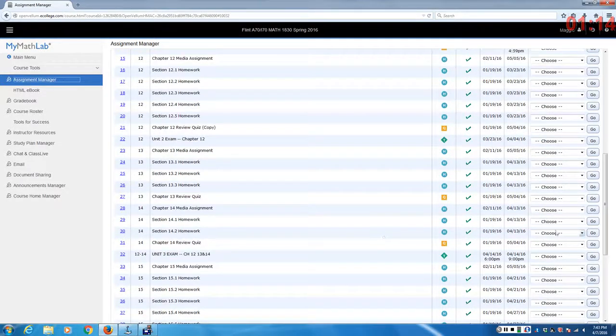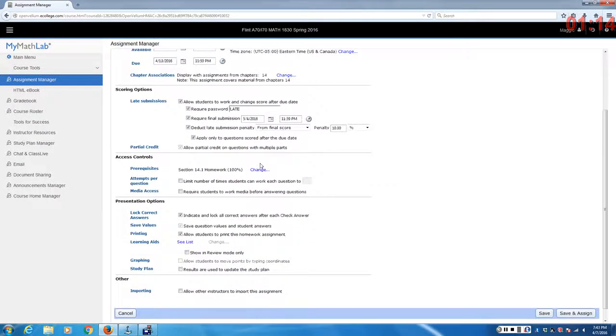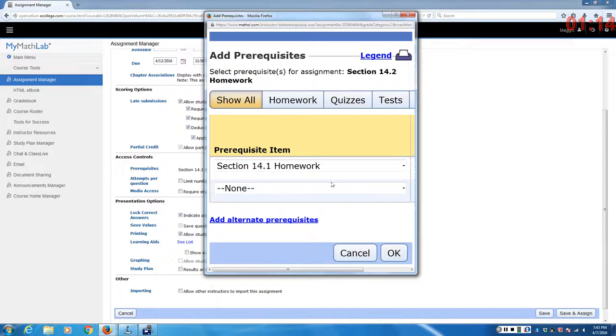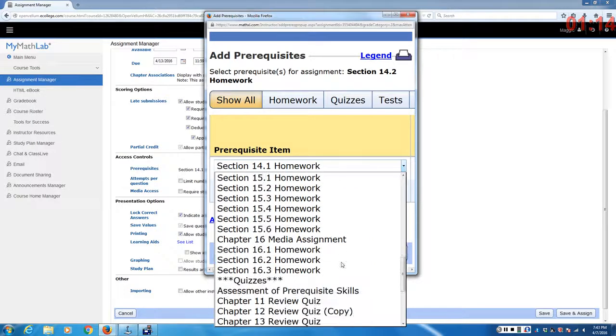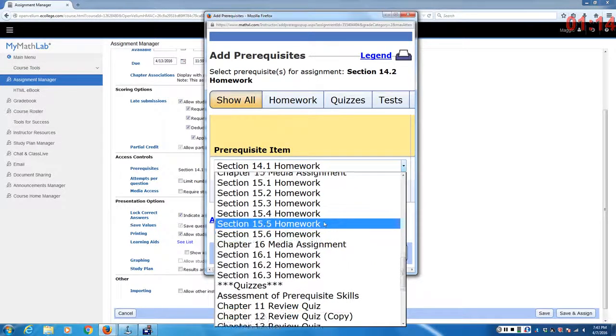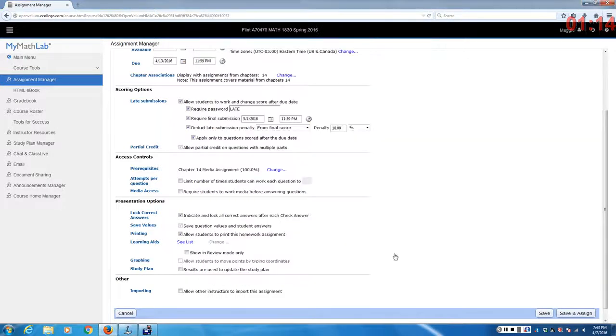I may have accidentally clicked something when I reset dates. What it was supposed to be giving you as a prerequisite was that you had to have done the media assignment. That's what's happened, that's gotten changed. That should fix that problem.